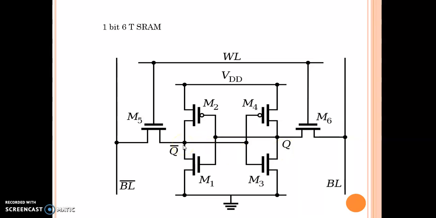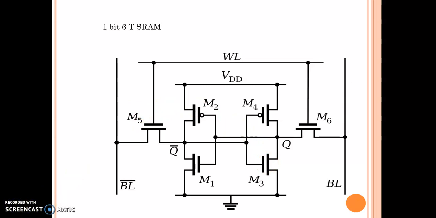As VQ bar is high, M3 becomes on. Also, as VQ is low, M1 is off. And finally, VQ discharges to 0 through M3 and VQ bar remains 1.